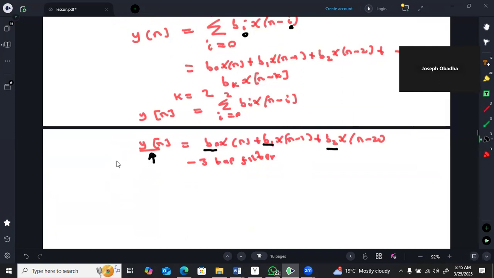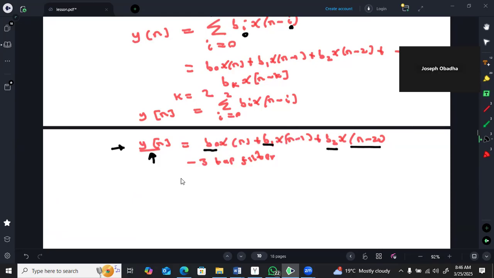And you can see that implementing such a type of filter can be a straightforward thing, because once you have the input, you multiply the input by b0, add the delayed version multiplied by b1, plus another version delayed by 2 and multiplied by b2, to get the output.